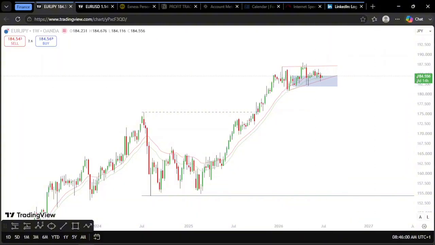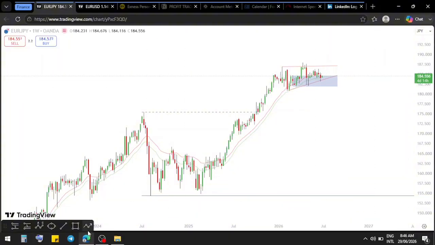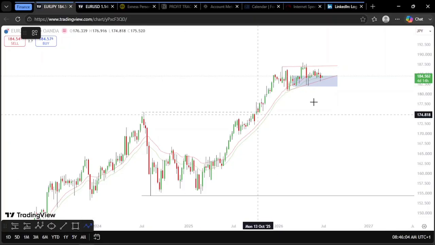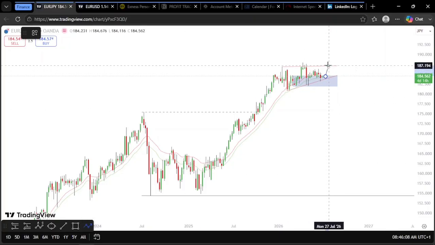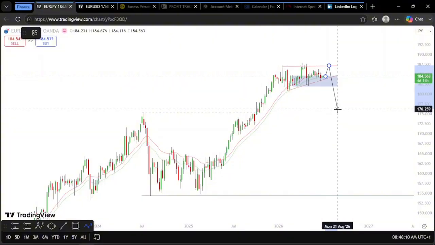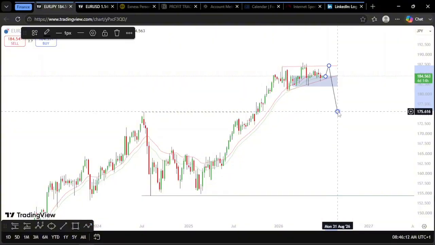So what I'm going to be looking for in the coming week is a movement to the upside here. Then we can look for a sell opportunity all the way down.